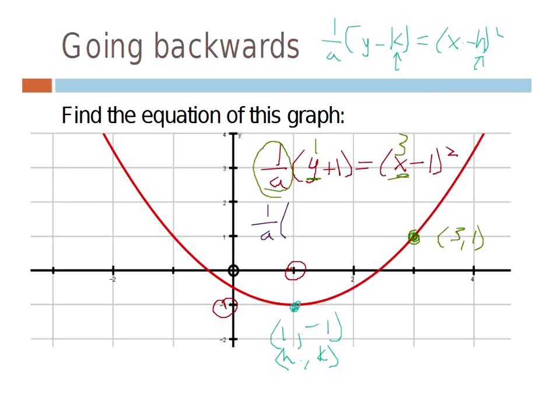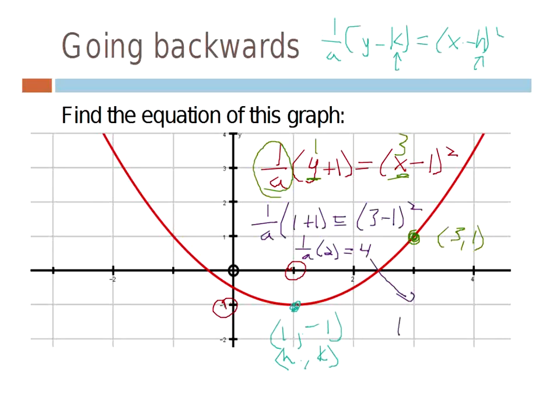I have 1 over a times 1 plus 1 equals 3 minus 1 squared. And so this is 1 over a times 2, and this is 3 minus 1 is 2, squared is 4.